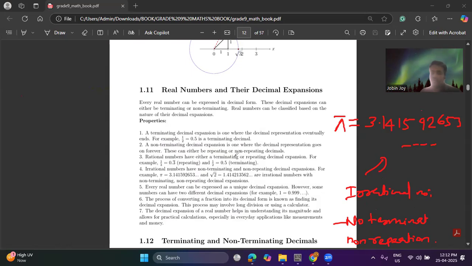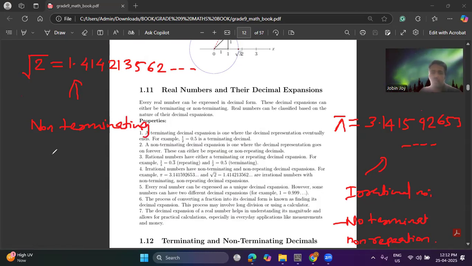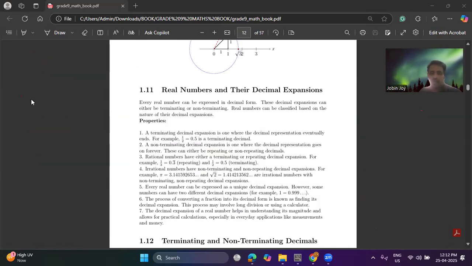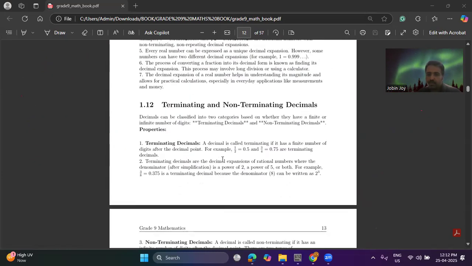Similarly, the value of root 2 is an irrational number, and the value is 1.414213562, etc. Again, this is an irrational number. This is non-terminating and non-repeating. Understand? Okay.